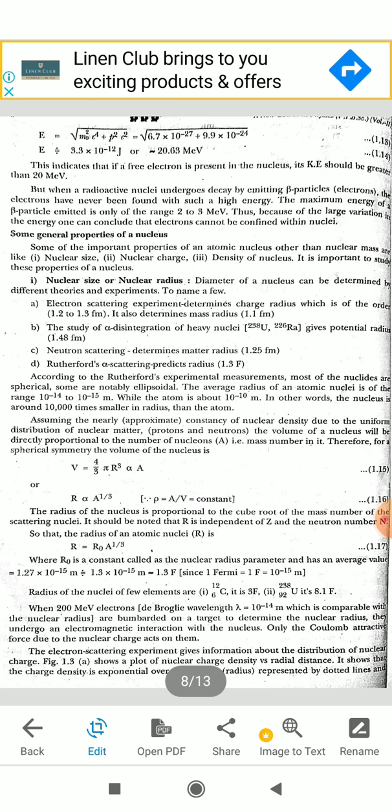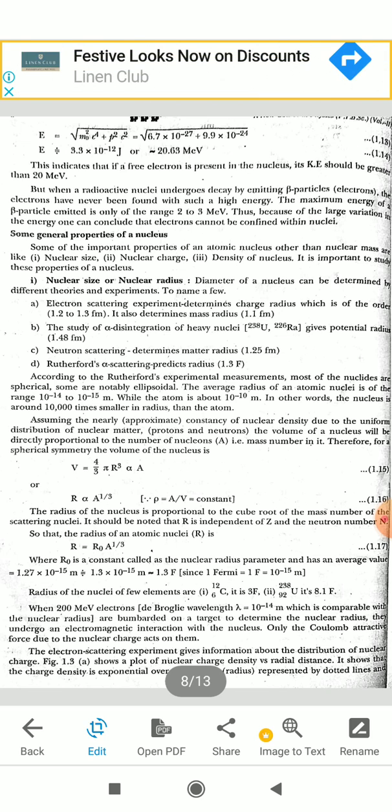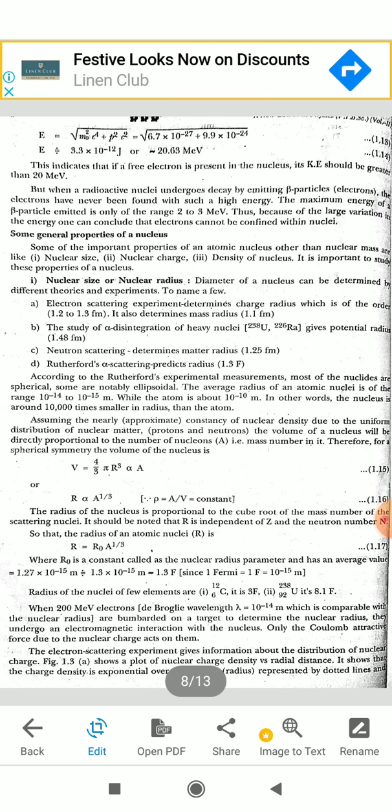After that, there are some general properties of the nucleus: nuclear size and nuclear radius. The nuclear radius can be found using different experiments and theory. By using the electron scattering experiment, we can determine the charge radius, which is 1.2 to 1.3 femtometer or Fermi.